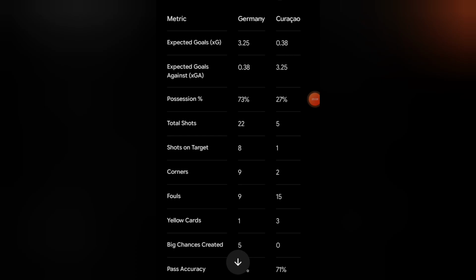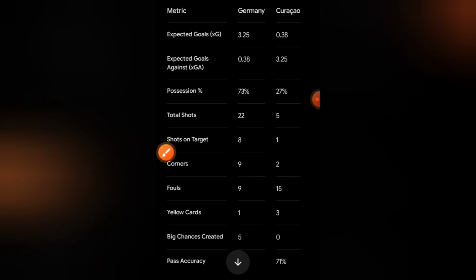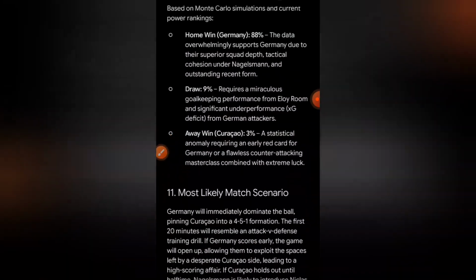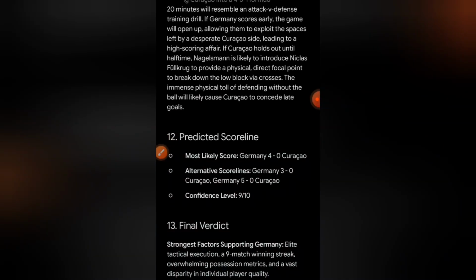All right, so let us look into the possible outcome, and that should be the predicted scoreline. Actually, I'm not doing the prediction, although what I'm currently seeing here, the predicted scorelines are 4-0, 3-0, and 5-0. So we should be expecting so many shots in that match.